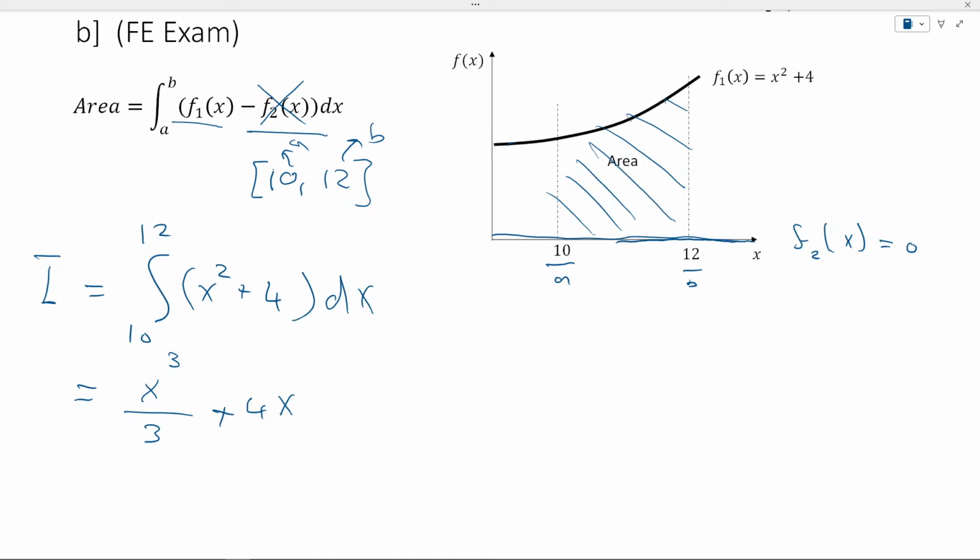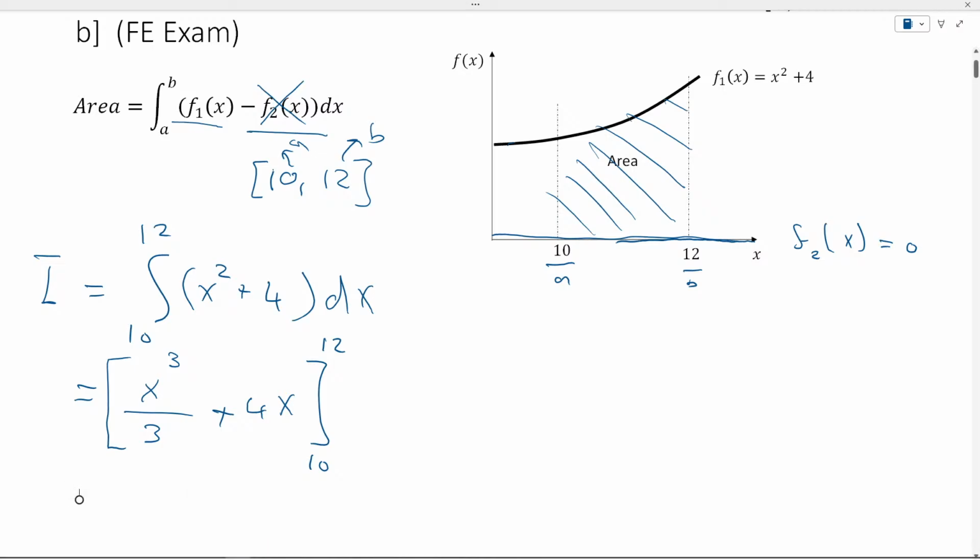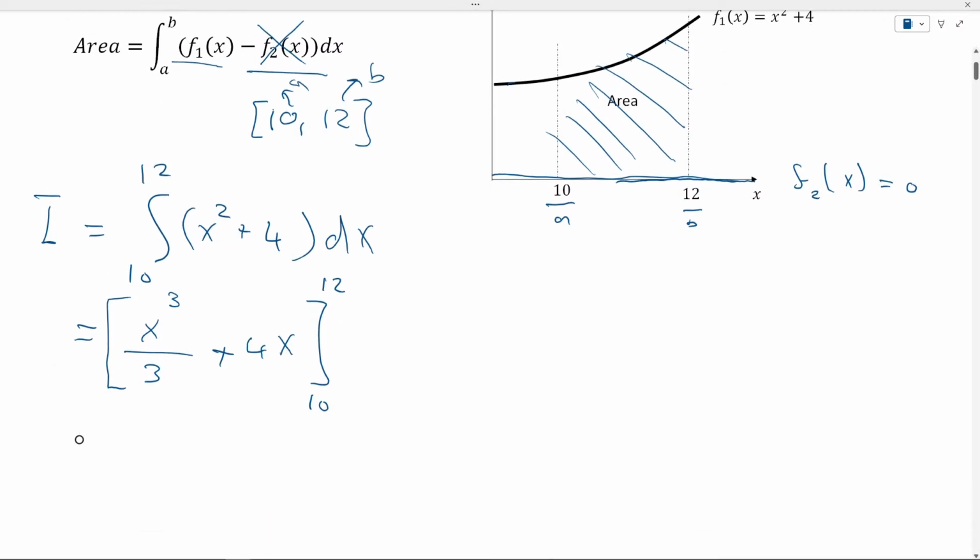And we want to evaluate this from 10 to 12. So basically that is how you can do this. Then we can simplify this a little bit. To simplify this, let's take x over 3 as a common factor.